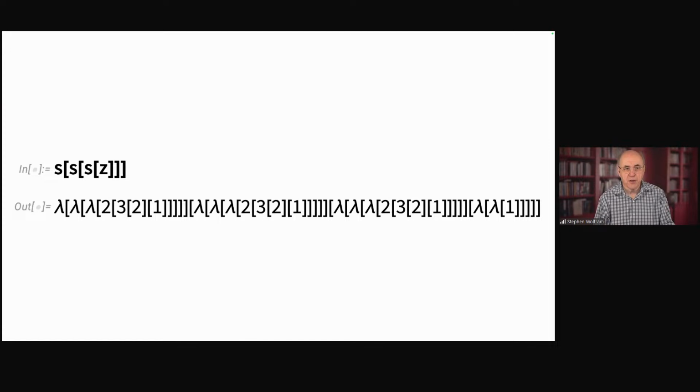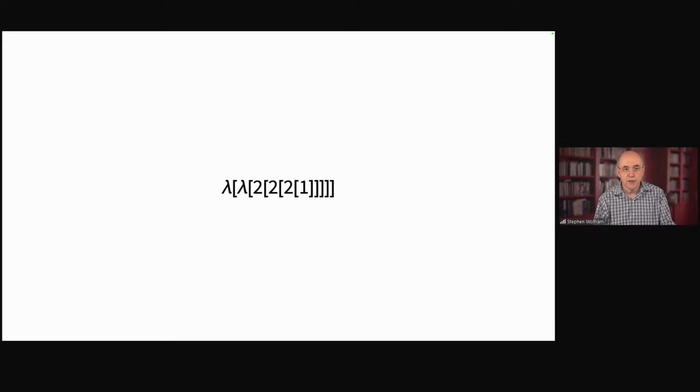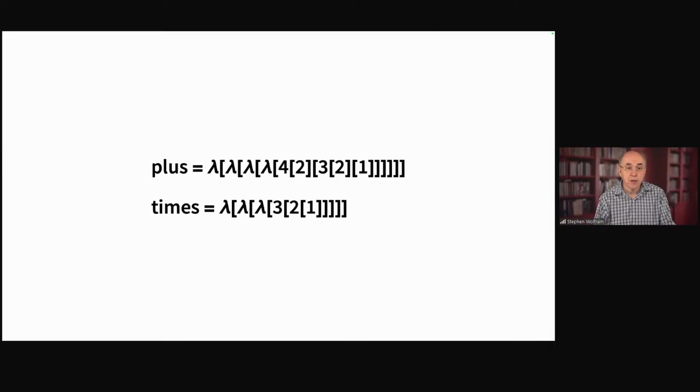Here it is, s of s of s of z, which is otherwise lambda of 2 of 3 of 2 of 1 of lambda, etc. But evaluating this lambda expression, which we constructed from our lambda expression for successor by applying successor of successor of successor of 0, we can apply beta reduction to the thing we got here, and it reduces to lambda of 2 of 2 of 2 of 1, which is exactly the representation we had above of the number 3.